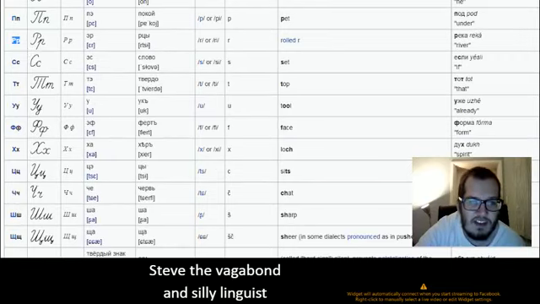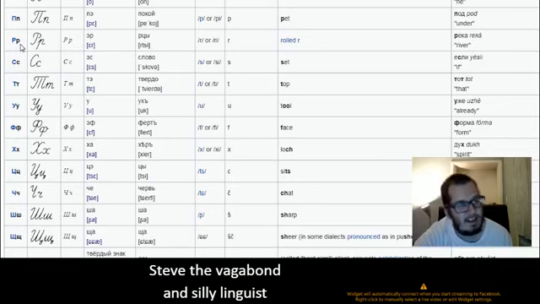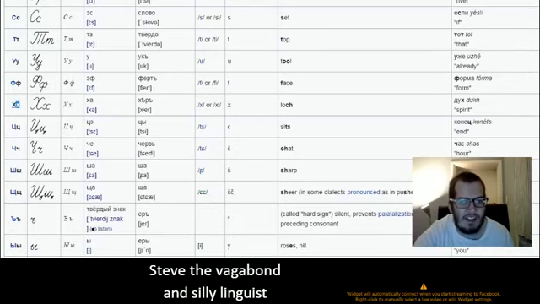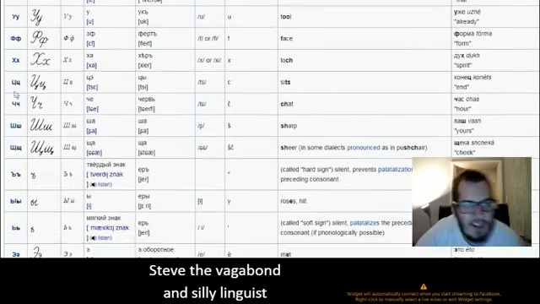This looks like a P, but it's pronounced like an R. This is a lollipop that Fred loves to eat. So it looks like a lollipop, pronounced like an F. This is like the Loch Ness monster, G. This is S, sh, sh.